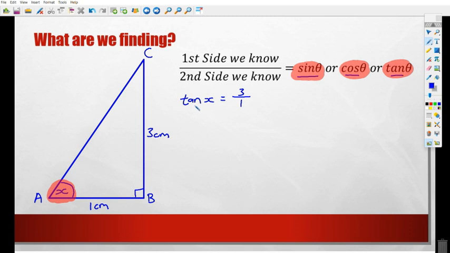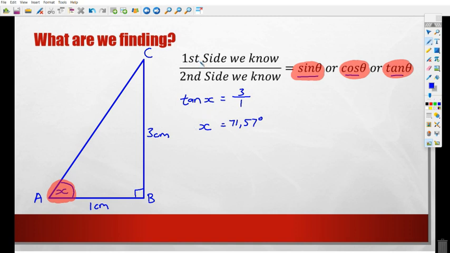That's shift tan. If I shift tan on this side, I just get x, because the tan cancels. Shift tan of 3 over 1, or just 3, gives you 71.57 degrees.